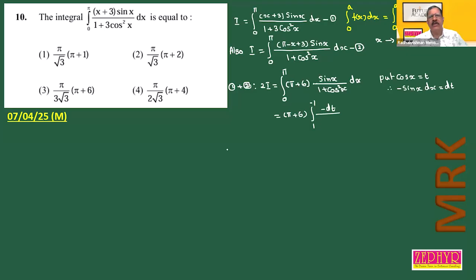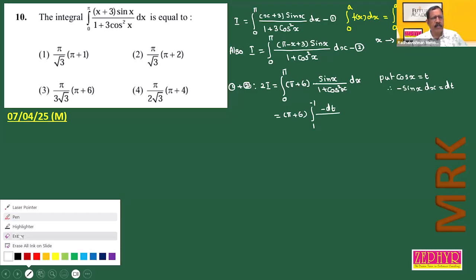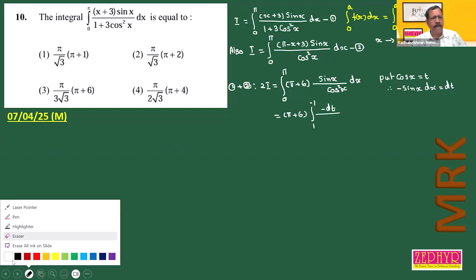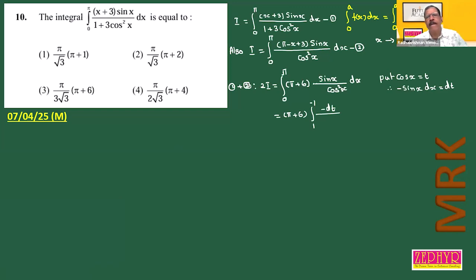Denominator is 1 plus 3 cos squared x, so this is equal to 1 plus 3 t squared.